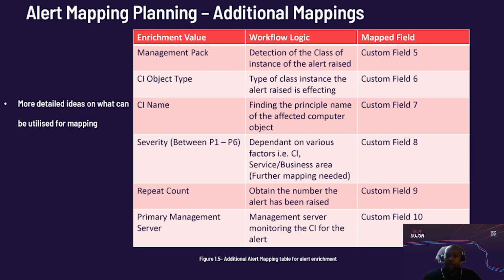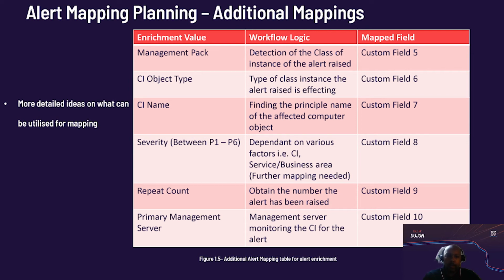When we come to defining another process for easily laying out all of our simplified data so it's easily readable and identifiable, we want to bring this information along so that it works well in unison with the custom fields that we have as well. So that is the idea behind mapping custom field 6 with the CI object type.